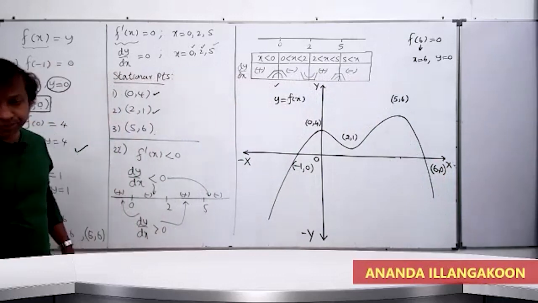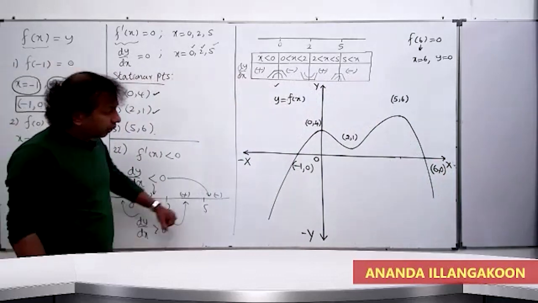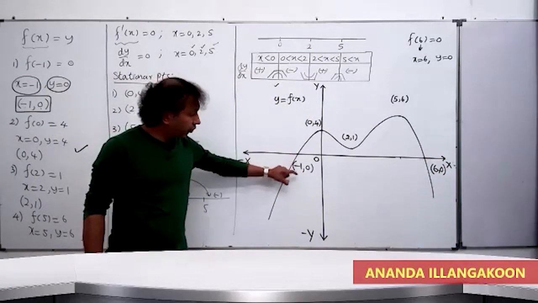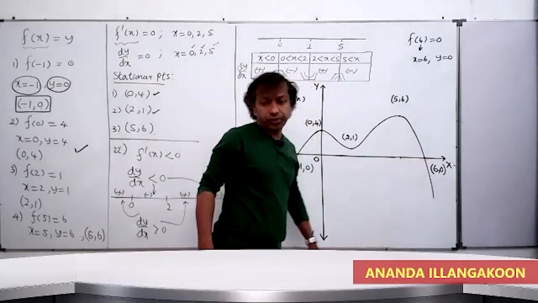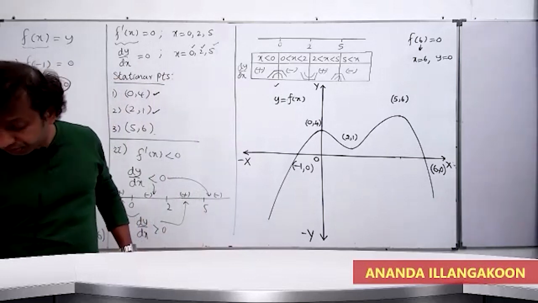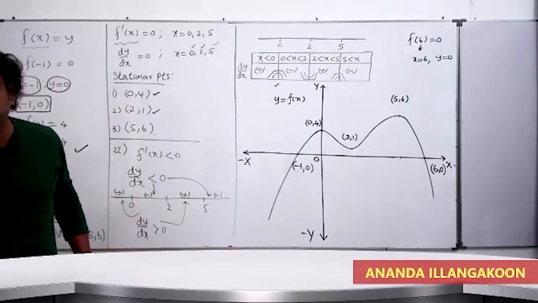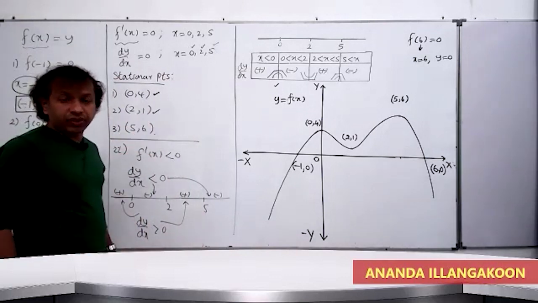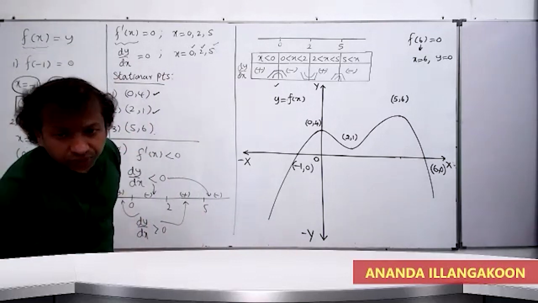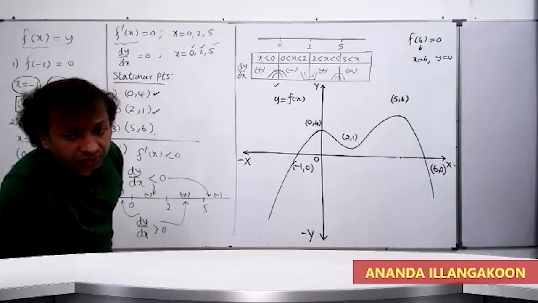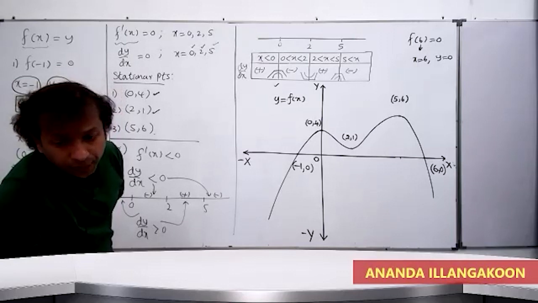Then the y coordinate of this f(x) graph becomes 0 at x equals minus 1 and x equals 6. Now using this, we need to sketch the graph of y equals 1 upon f(x). Try to get the y equals 1 upon f(x) graph by using this f(x) graph.